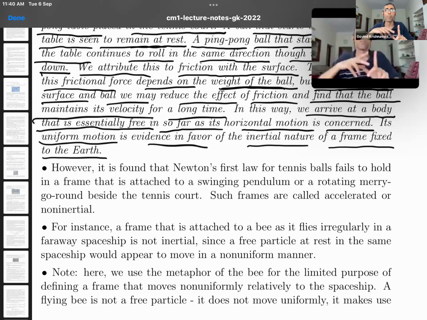That is my frame. By frame I mean a choice of 3 mutually perpendicular axes, of course extending out, and a choice of time. So there is some clock that we keep there. These things together are called a frame. It's a very concrete setup.